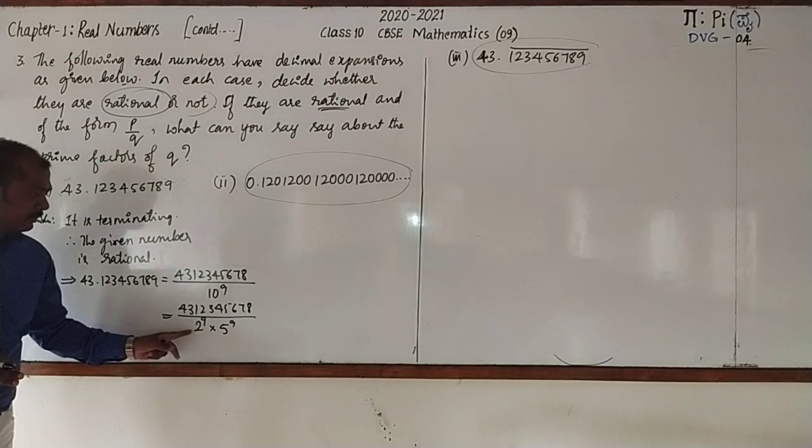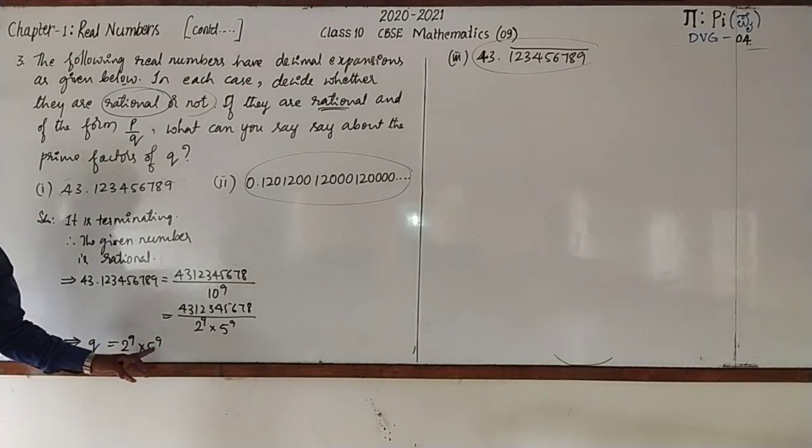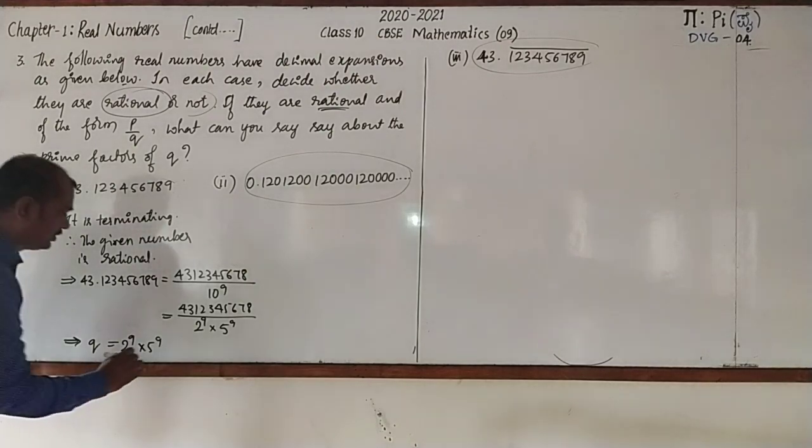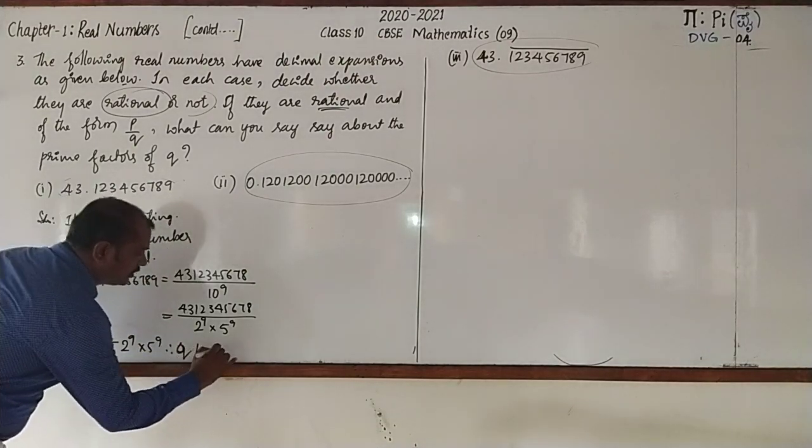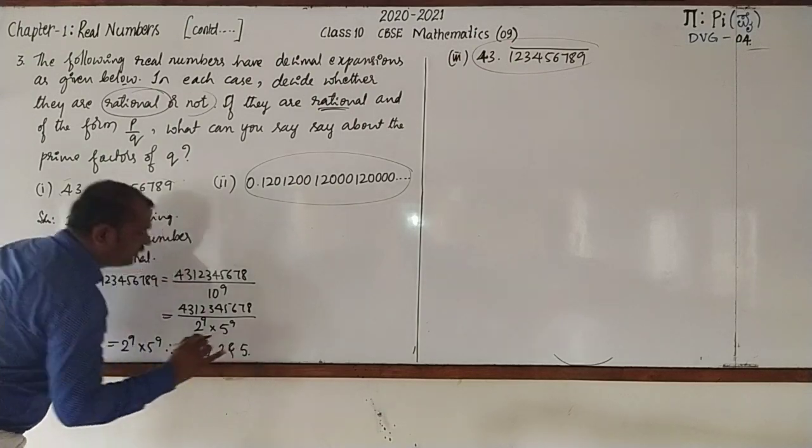Clear? The prime factors of q are 2 and 5. That means now it is of the form 2 raised to the power m into 5 raised to the power n. Clear? Therefore, q has 2 and 5.